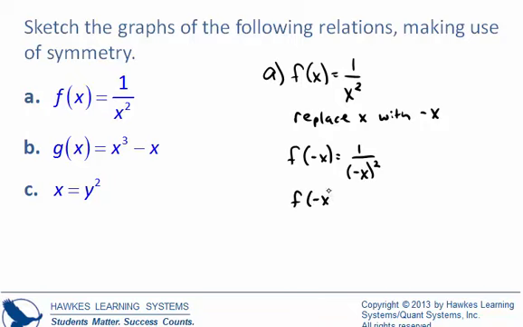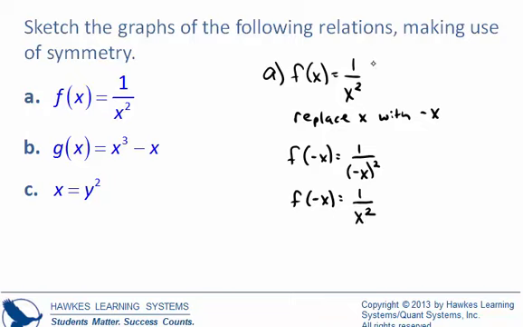And I'm going to simplify. So I have f of negative x is equal to 1 over negative x, squared. Now, when I take a negative x and square it, squaring a negative makes it become positive. So we're going to have 1 over x squared.